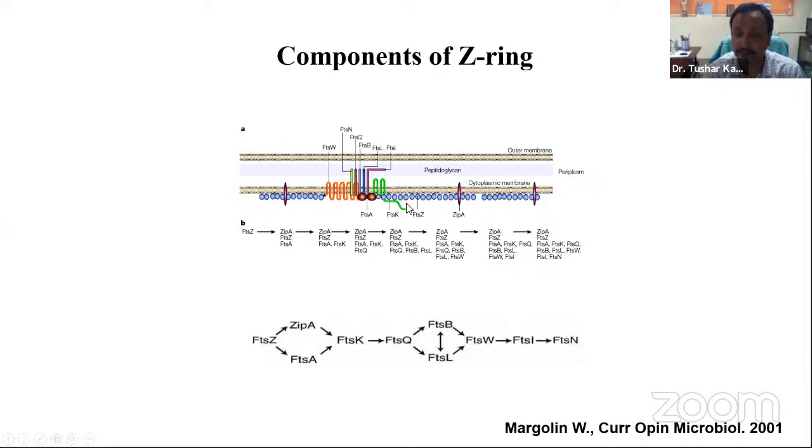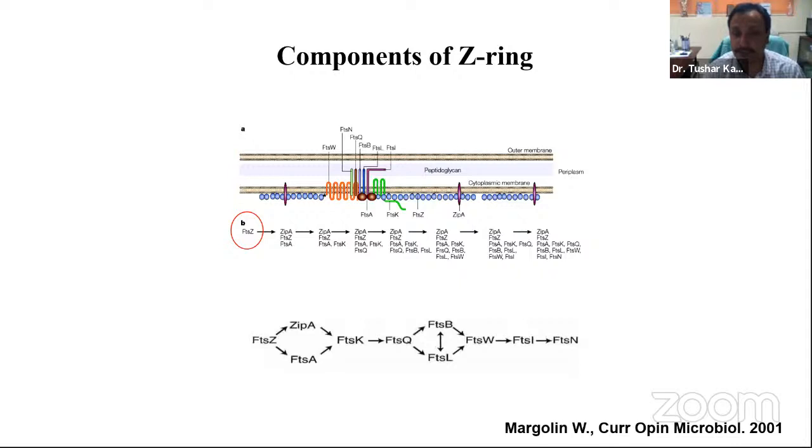Among the bacterial cell division proteins, which we also call the divisome complex, FtsZ is one of the main proteins. FtsZ first gets recruited to the mid cell with the help of ZipA and FtsA. Then other proteins, which are either enhancers or inhibitors of the divisome complex, get recruited and form the ring, and this ring formation is a quite dynamic process.